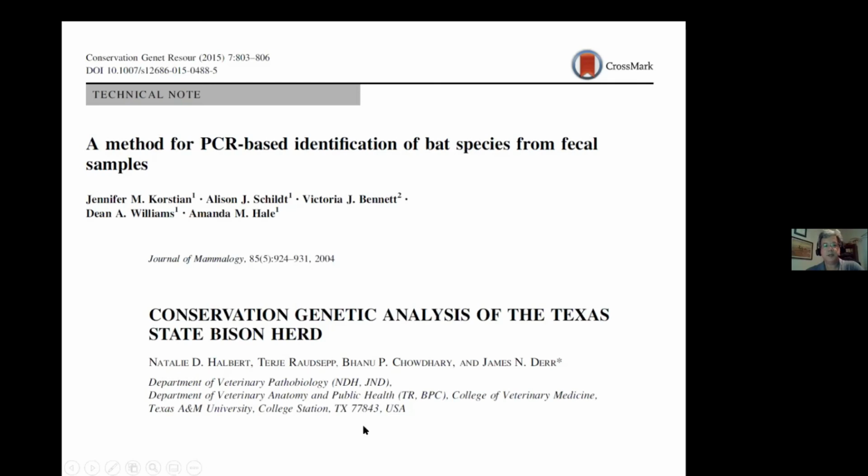And then this was a paper on the bison herd out in the Panhandle, I think. They're using this to keep track of who's related to whom, so they don't have as much inbreeding, so they can keep the stock genetically diverse and keep them from having medical problems because they're too genetically identical.